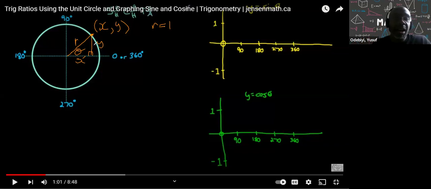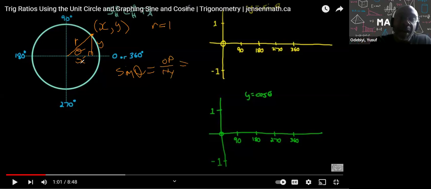So when we are trying to figure out what y is and what x is, we know r is 1, and if we know the angle, then we can figure out what y and x are, right? But based on SOHCAHTOA, if I'm looking at sine theta, that would equal opposite over hypotenuse, right?